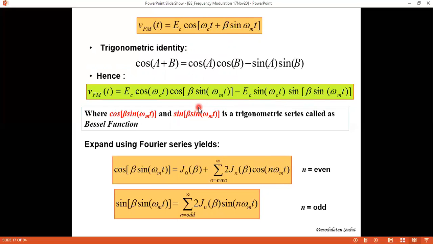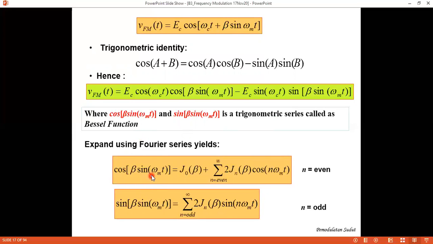Then we want to simplify. For the next steps, we substitute cos(beta sin omega_m t) and sin(beta sin omega_m t) using the Bessel functions.